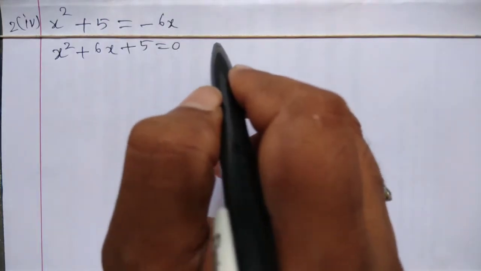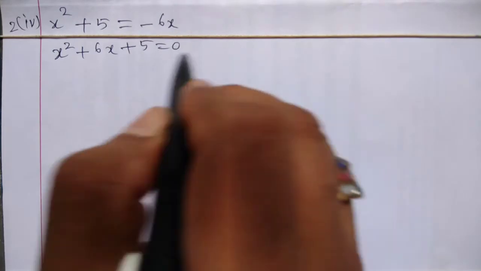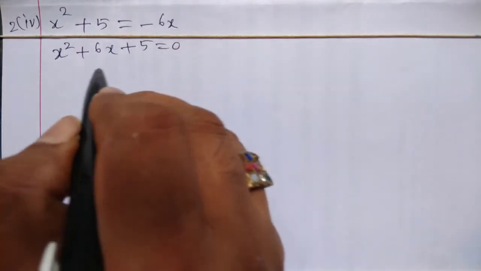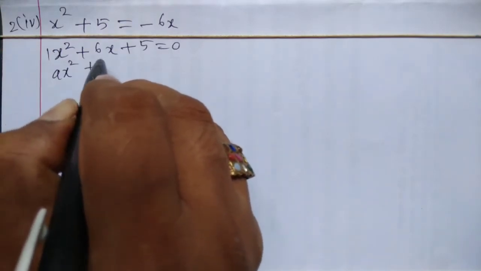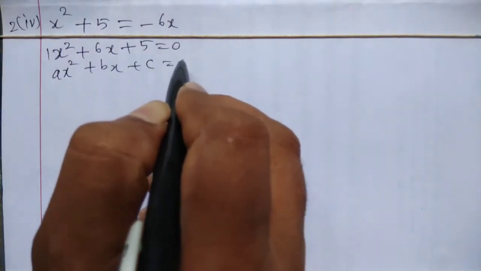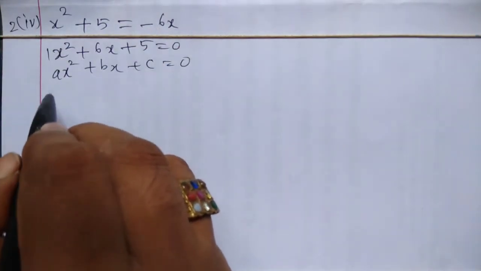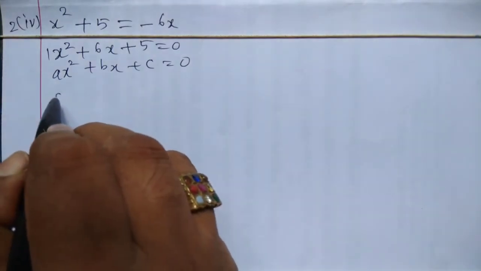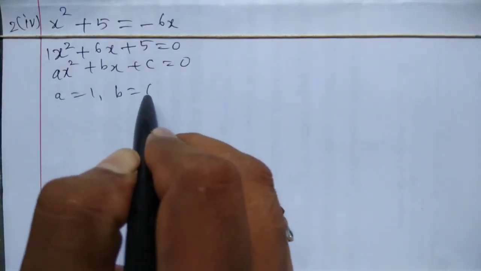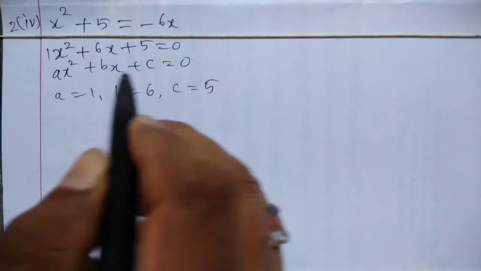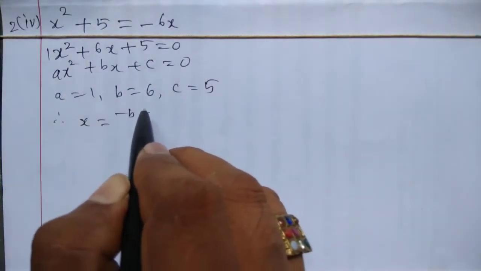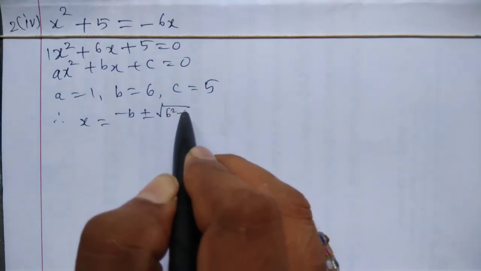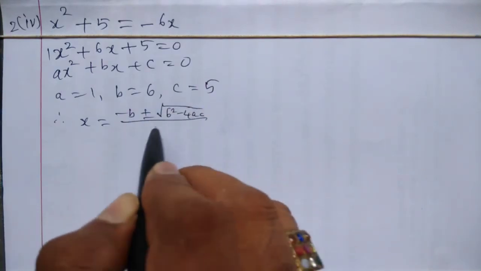Now compare this quadratic equation with the standard form ax square plus bx plus c is equal to 0. We have a is equal to 1, b is equal to 6, c is equal to 5. Therefore, x is equal to, we know the formula, minus b plus or minus under root of b square minus 4ac by 2a.